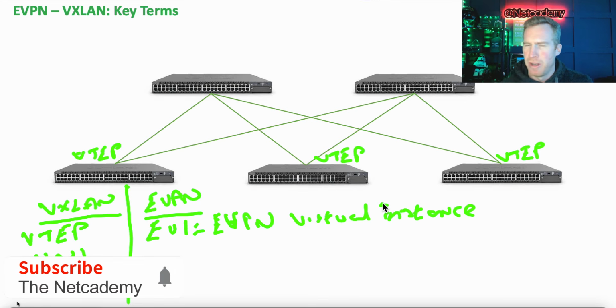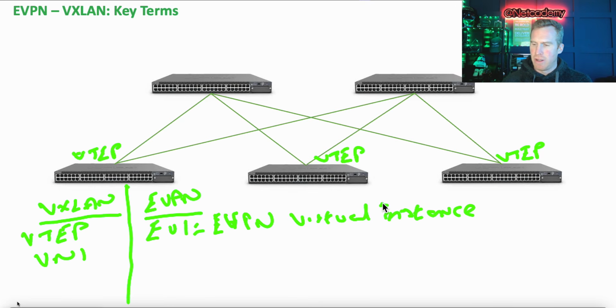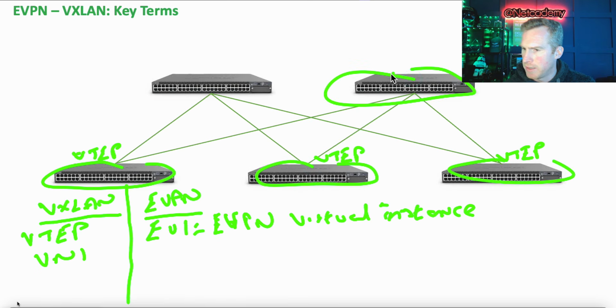Anyway, so what is an EVI? Well, an EVI is quite literally all those interfaces and devices that are participating, that are advertising, within that EVPN instance. So we've got this device here, this device here, this device here, as well as these two devices up here, can't forget about them. And they are all advertising, receiving and forwarding all the prefixes that are advertised by EVPN.